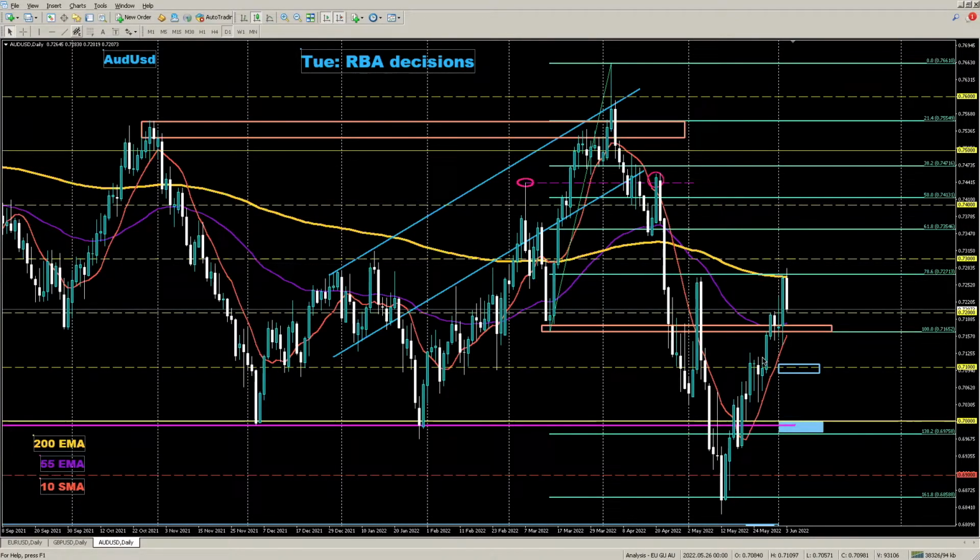And for last week, it did rally up and punch through the resistance zone at this swing low, the 100 pip, and push all the way through to the daily 200 EMA and into the 786 pip retracement before pulling back down on Friday with the US non-farm payroll figures back down into the 72 round figure.